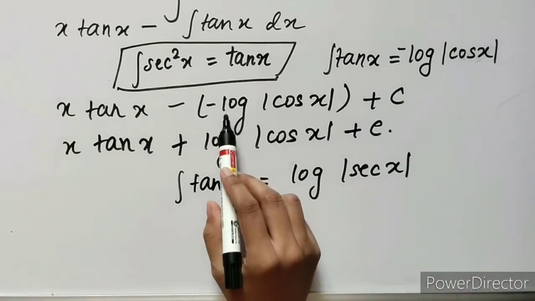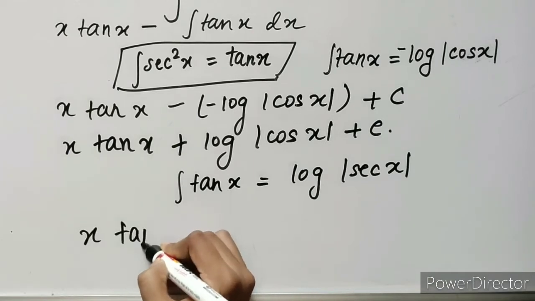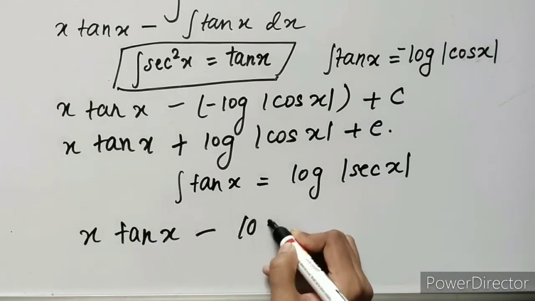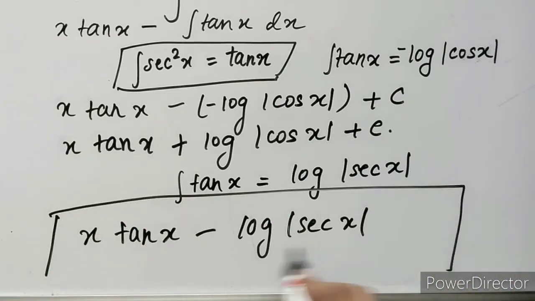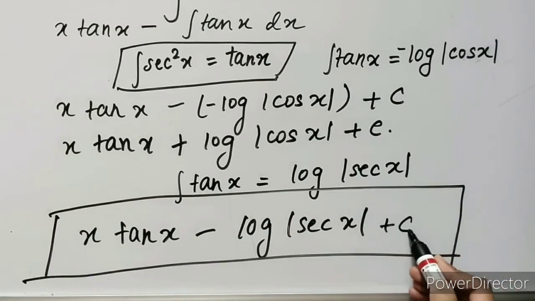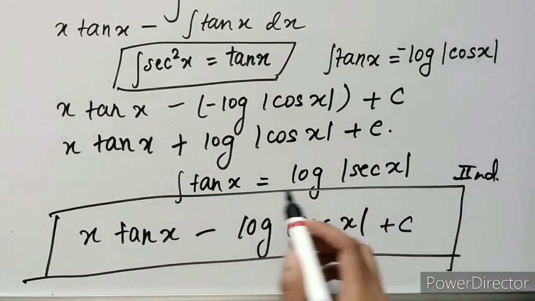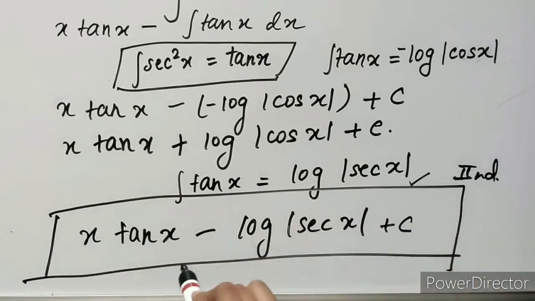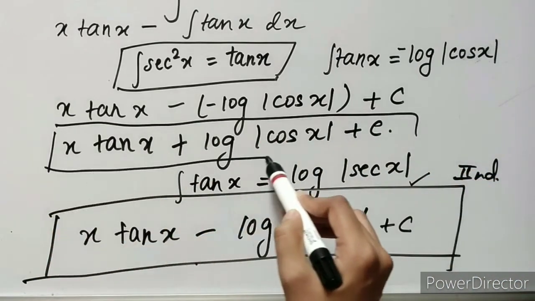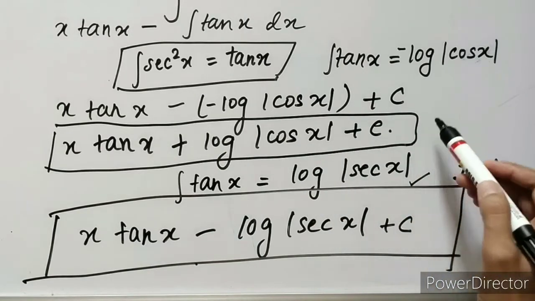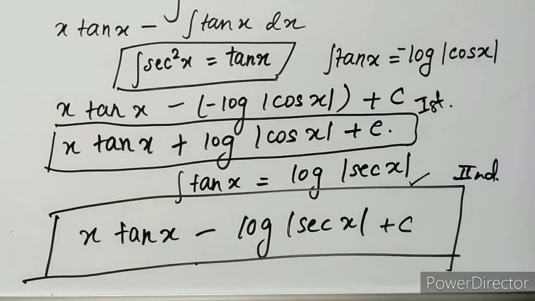So instead of this you can also go for log sec x, then the answer would be x tan x minus log secant x plus constant c. So this is the second way. If you are using this formula, then this should be your answer. Otherwise, if you are going for the log cos x, then this will be the answer from the first formula.